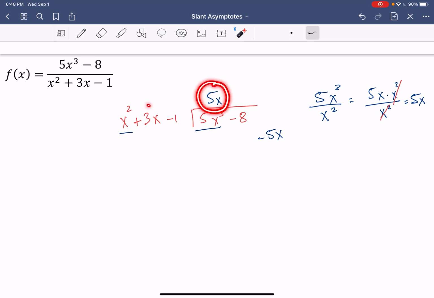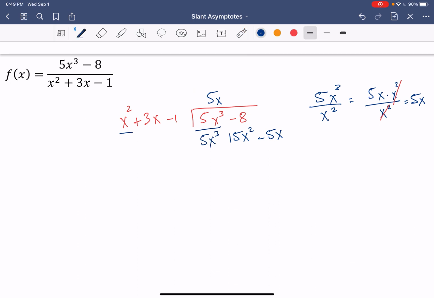And then I have 5x times 3x, which is 15x squared. Now, I know that these are not like terms either, but I have nowhere else to put it, so that's okay. I just wanted to create space because we will have the one last term over here. Okay, 5x times x squared is 5x cubed.